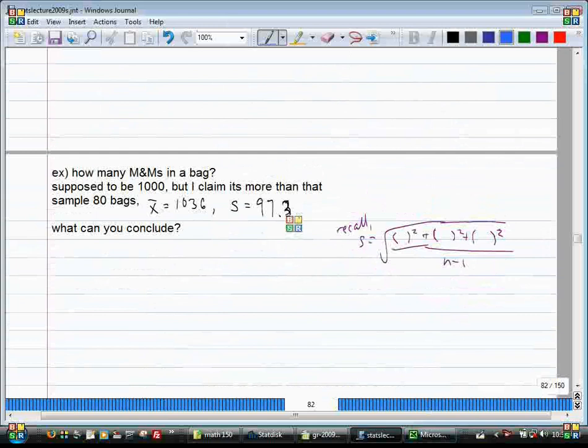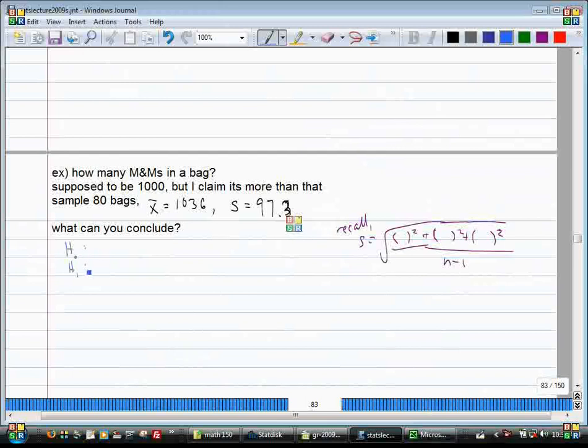So you take a sample of 80 bags, and from that you get X bar is 1036, and you don't have sigma, but from your sample you get S equals 97.3. So what's the first thing that we do? Write down H0, H1.